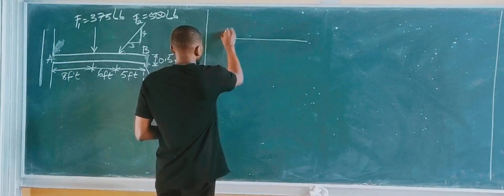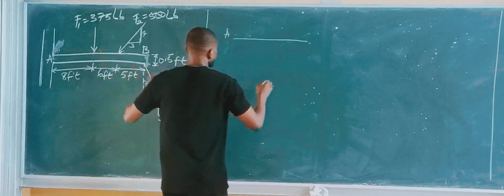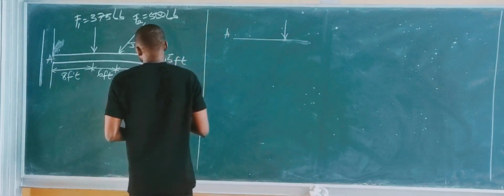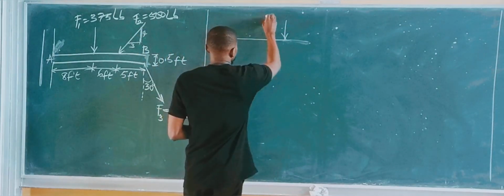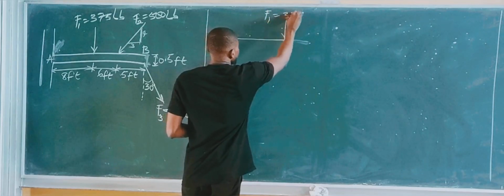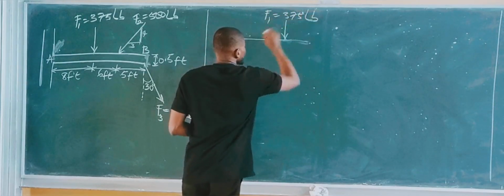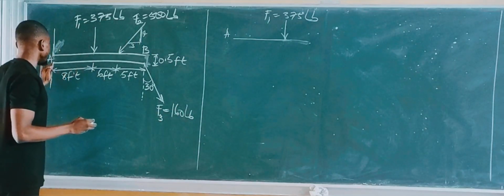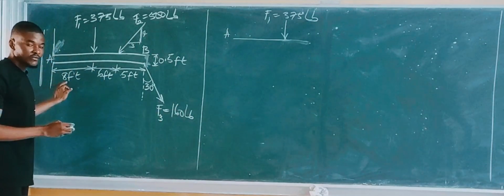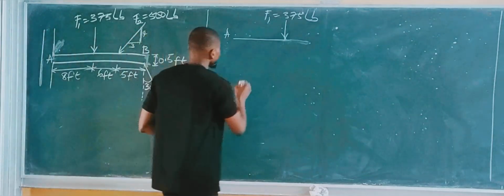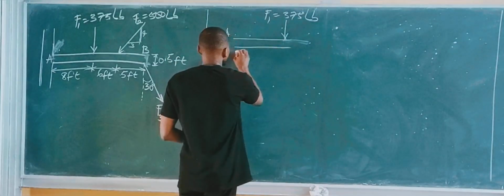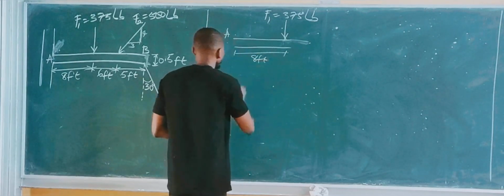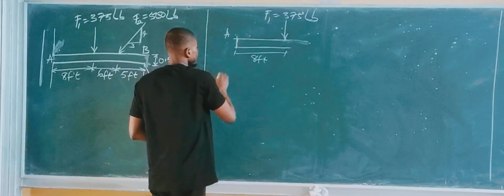This is point A, and then at this point I have the force F1, which is 375 pounds. The distance it takes this force to get to point A is simply what? 8 feet from the figure. So from this point to this point is simply 8 feet. Alright, so this is where we're taking our moment about. That's point A.